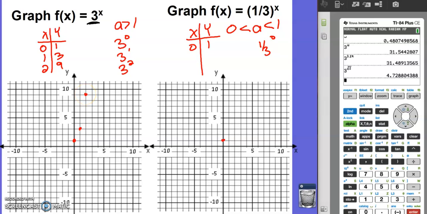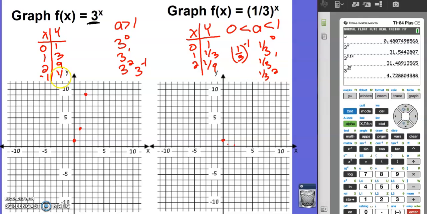Then let me come over to this other one. If I plug in 1 and 2 here, 1/3 to the first power and 1/3 to the second power, I'm going to get 1/3 and 1/9. So notice it's going to get really, really tiny. Let's plug in a negative number, -1: 3 to the negative first and 1/3 to the negative first. Remember, negative exponents flip it.